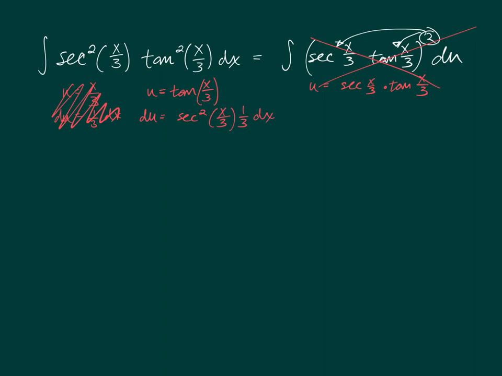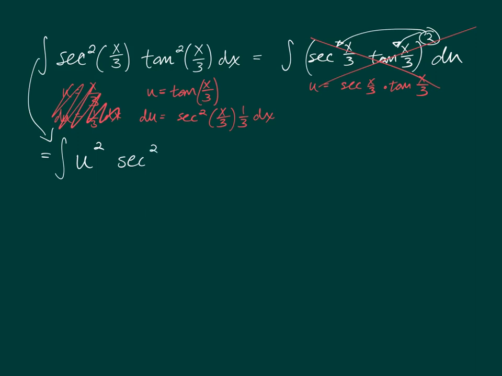And I think this will work out really well, because when I rewrite this indefinite integral as, let's say it's going to be u squared, because the tangent here is being squared. What we have left over will be, what do we have?